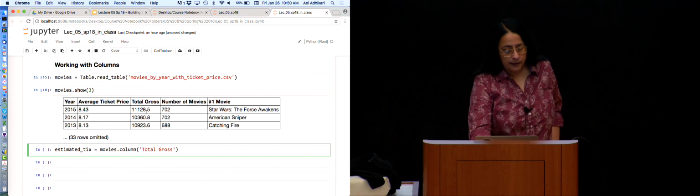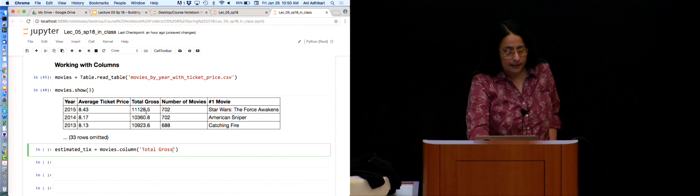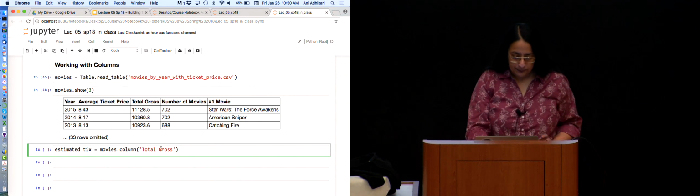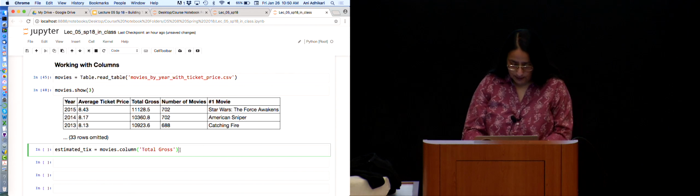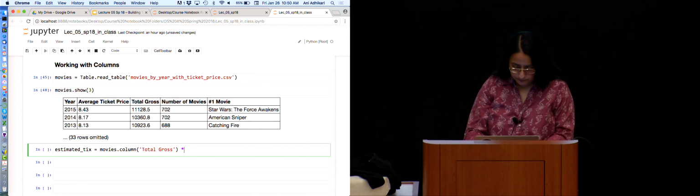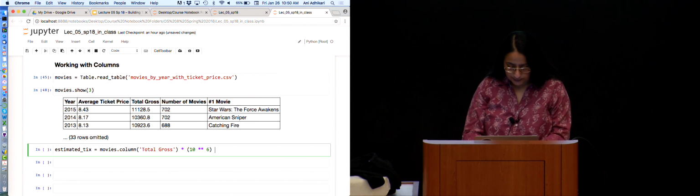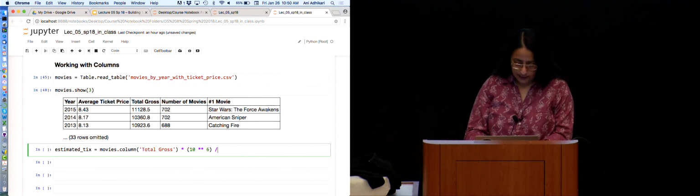I have to be careful about units. This is in millions of dollars. This is in dollars, right? They better both be in the same unit. So let me convert this to dollars. What's $1 million? 10 to the 6, yes? So that gives me raw dollars. And then I take this and I divide element by element.